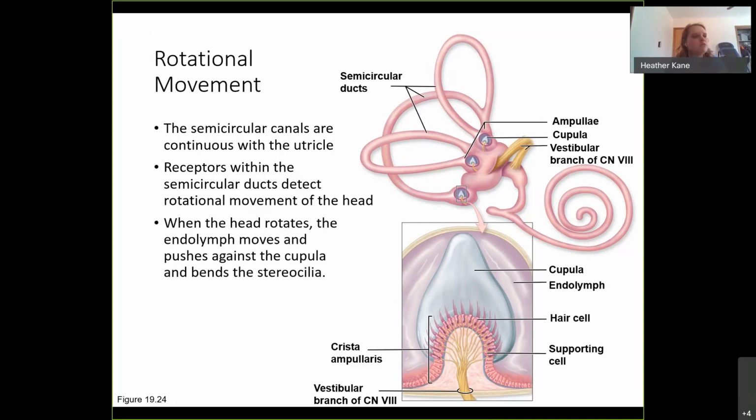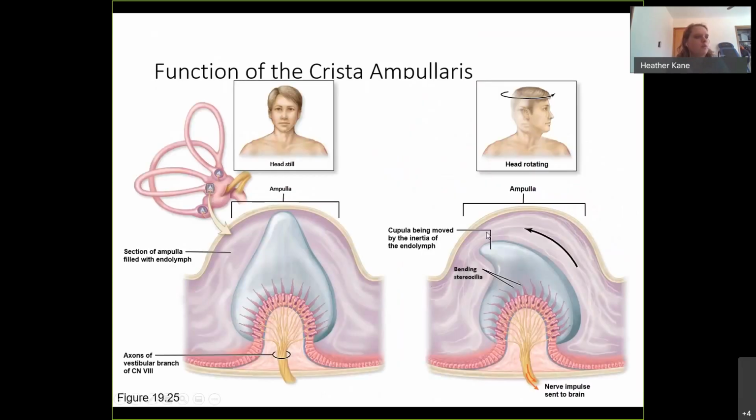So when the head moves, we have this gelatinous material right here called the cupula, and the cupula moves in one direction or the other. When your head is rotating, that cupula is moved to one end. And when that cupula moves, it causes those hair cells to sense that movement.